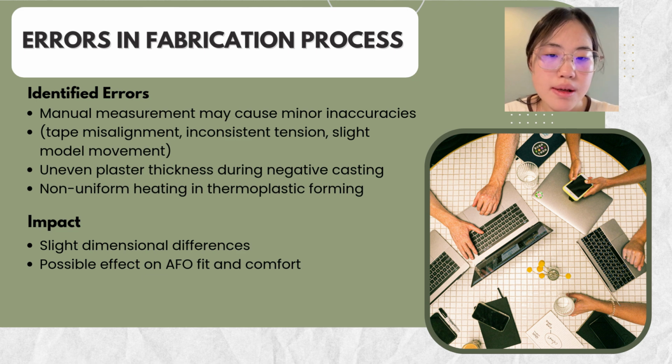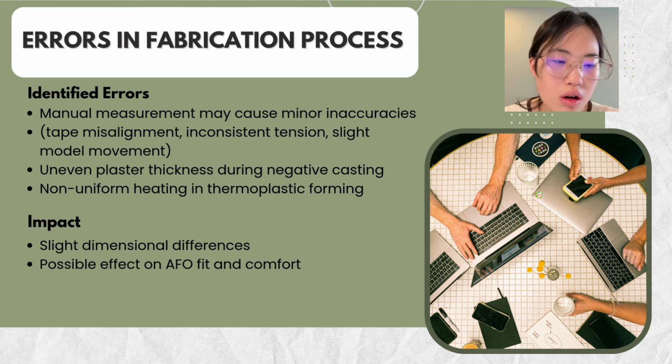This slide shows the possible errors during the fabrication of the AFO. Some errors may come from manual measurements, such as tape misalignment or inconsistent tension. In addition, uneven plaster thickness during negative casting and non-uniform heating during thermoplastic forming may affect the final shape. These errors can cause small dimensional differences and may influence the fit and comfort of the AFO.